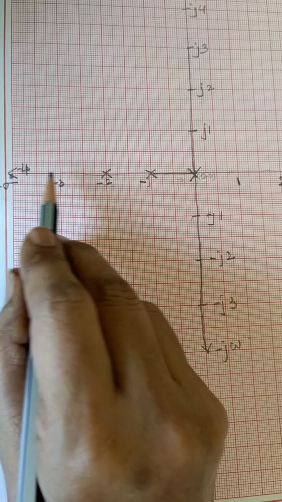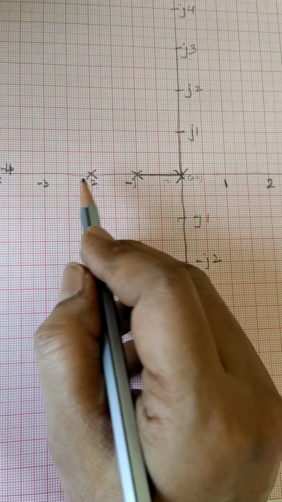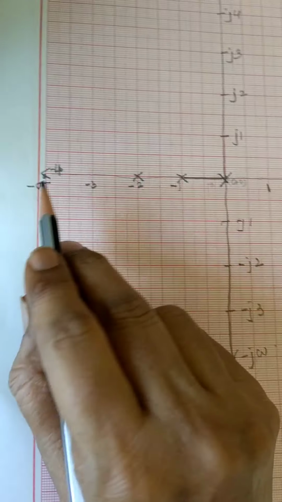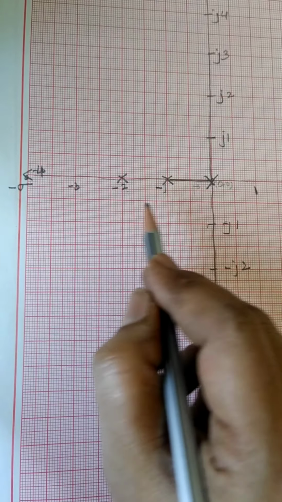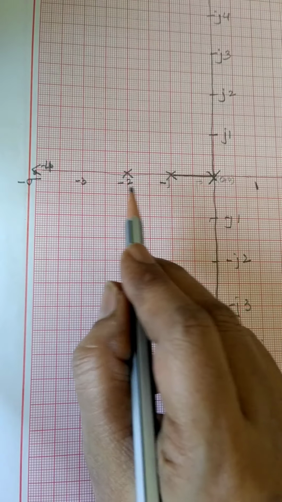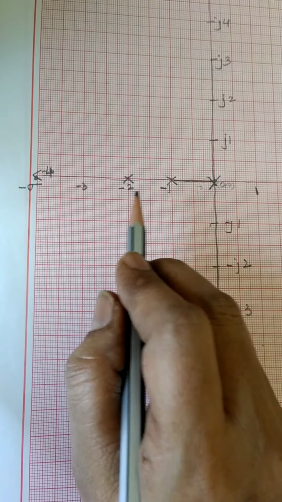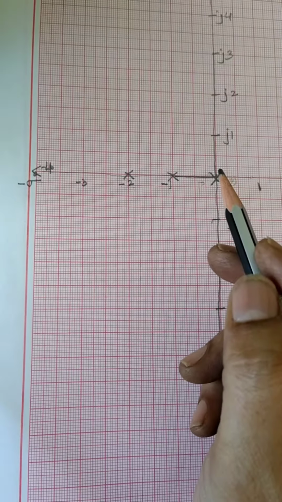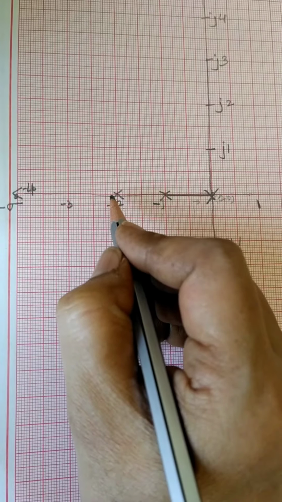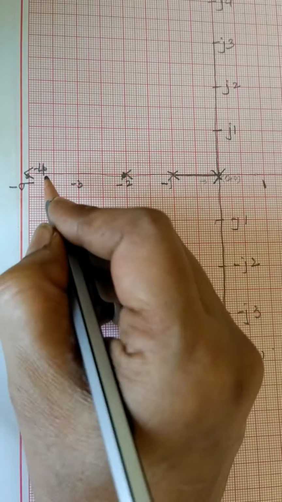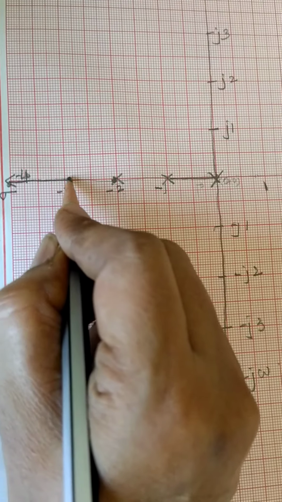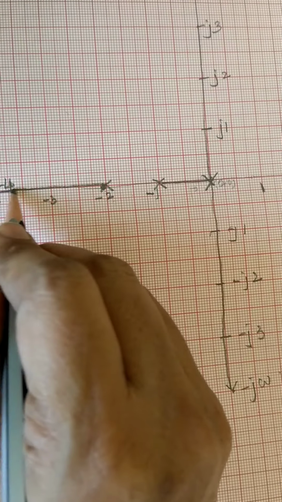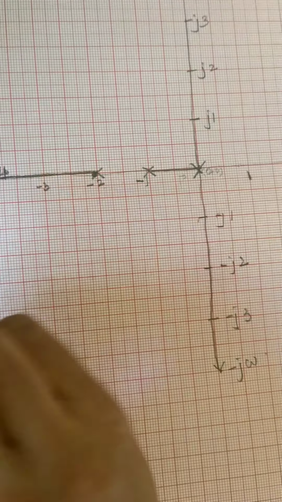So the total number of poles and zeros seen is 1, 2, 3, and hence the angle condition is satisfied. An odd number of poles and zeros means the angle condition will be satisfied. So the part of root loci from s is equal to minus 2 to minus infinity is a part of root loci on the real axis. So you darken this line.